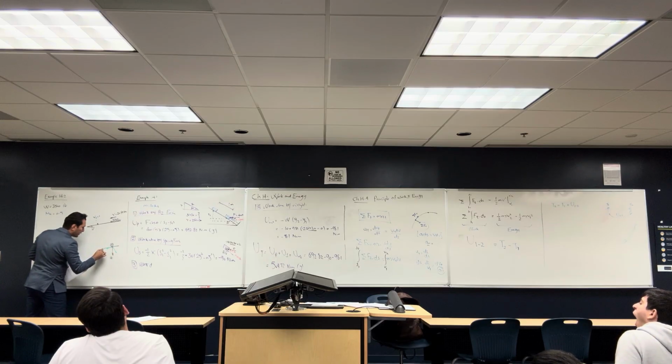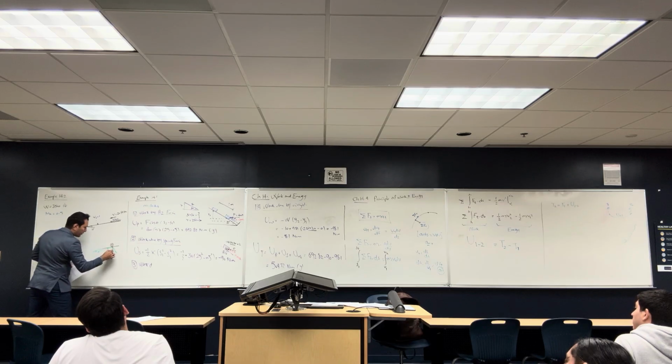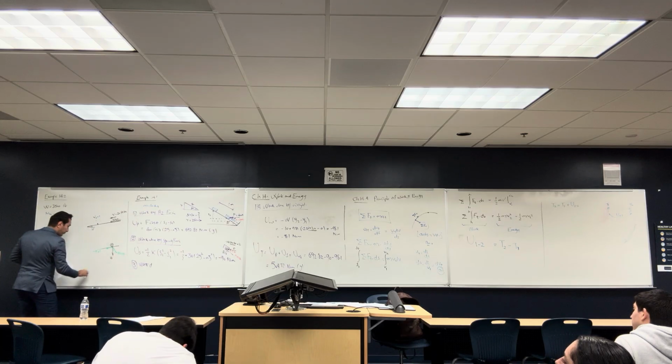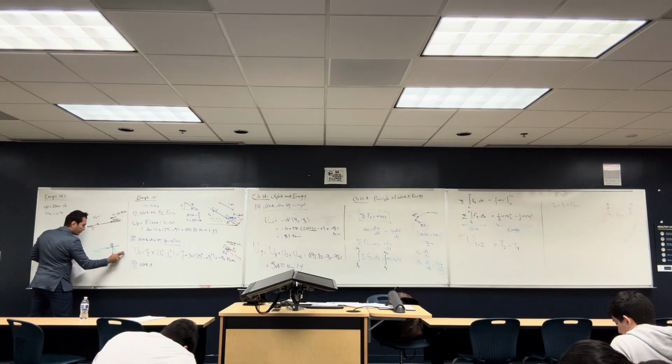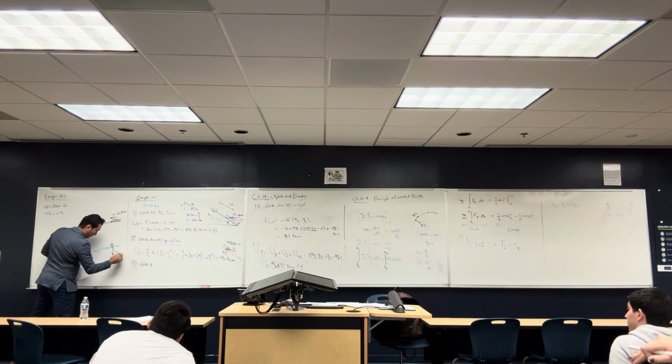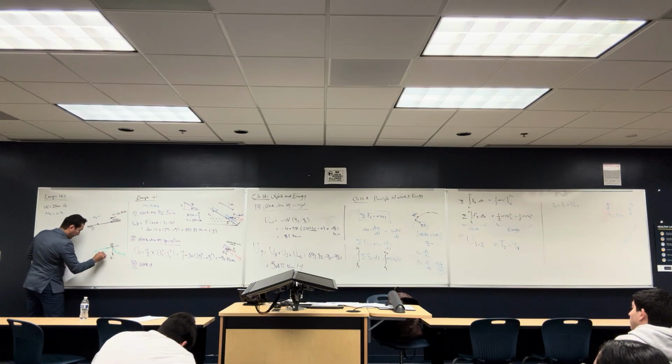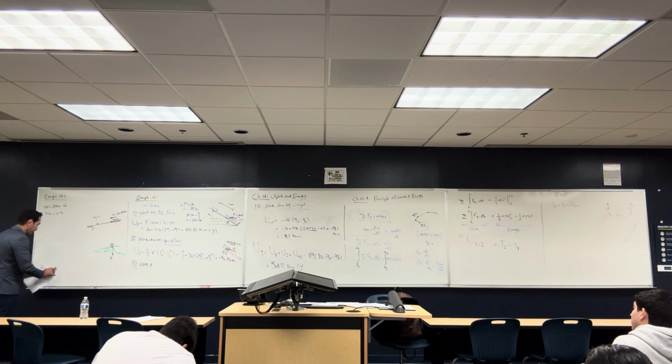Let's say this angle is 10 degrees. So you have here W sine 10. What else? Friction. I give you mu k.